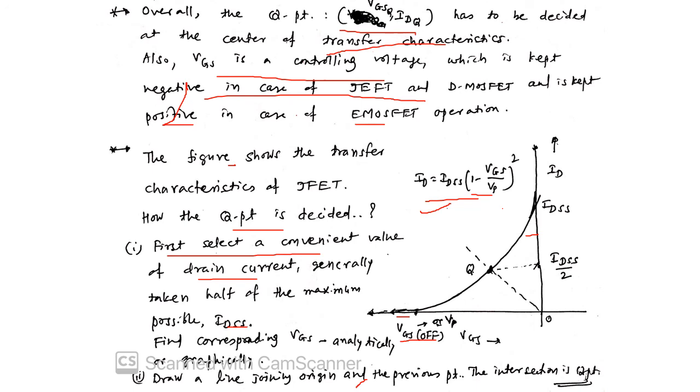If I keep VGS equal to VP by 4, this is going to be 1 minus 1 by 4, that is 3 by 4, squared, that is 9 by 16, which is almost around half of it. So if you take VGS equal to VP by 4, that will be almost at the center. That is how we decide the Q point.